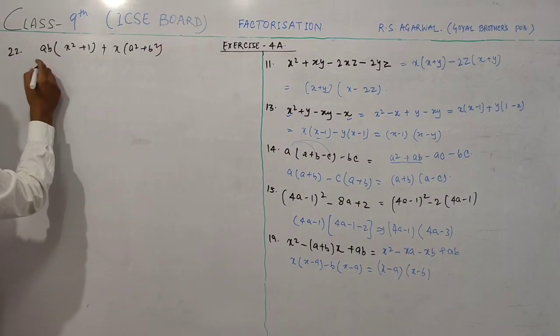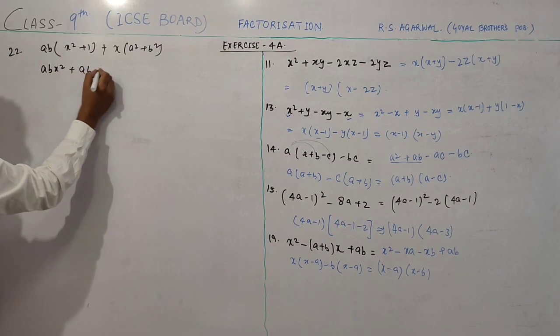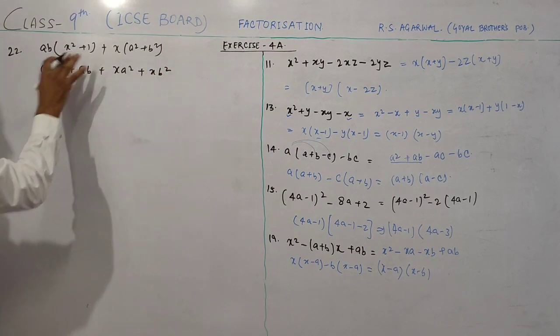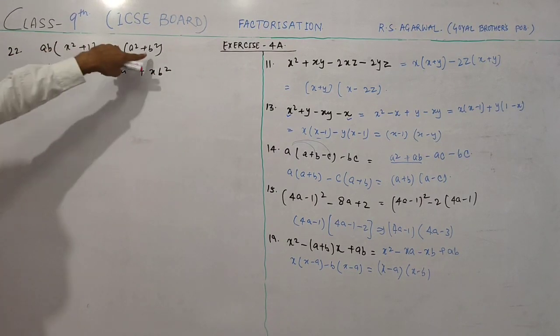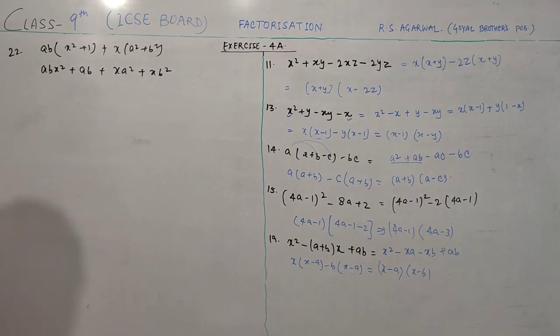So firstly multiply this: AB x square plus AB plus xa square plus xb square. Now simply I open the bracket and multiply this with both the terms. Now look carefully at this question.